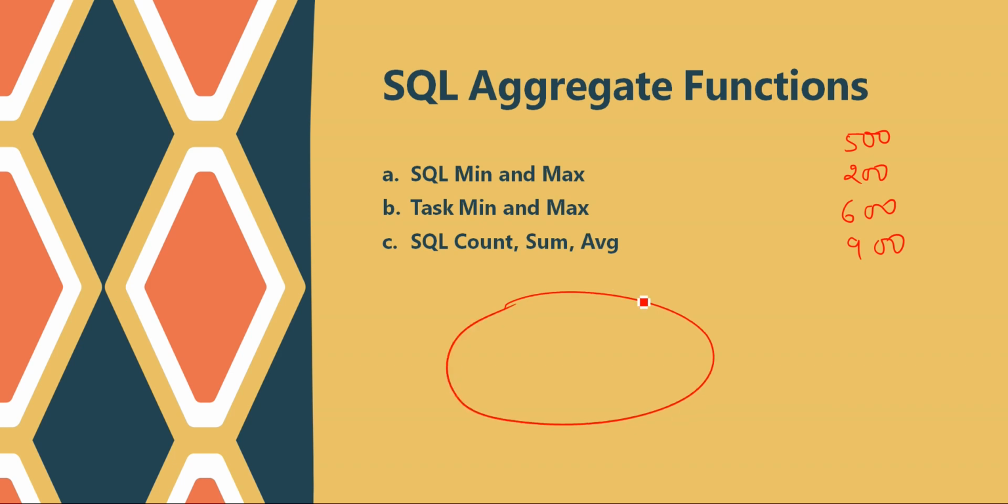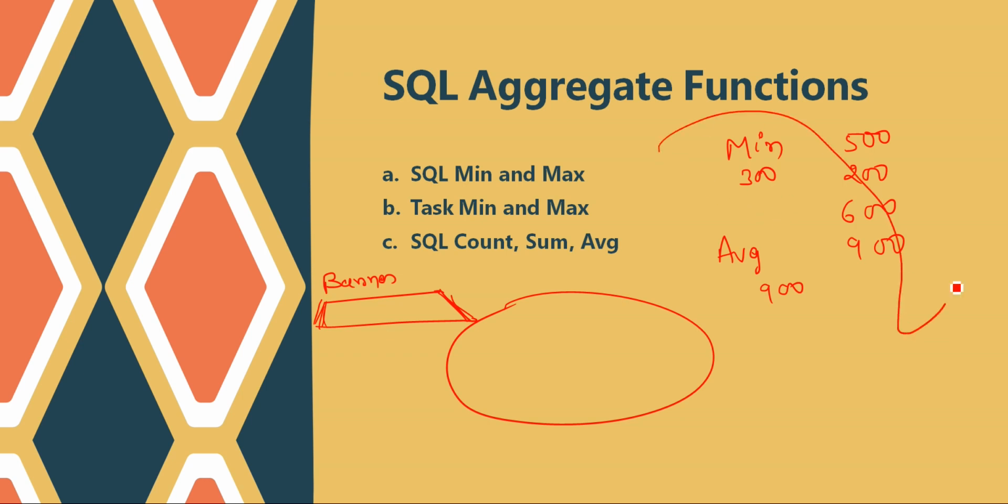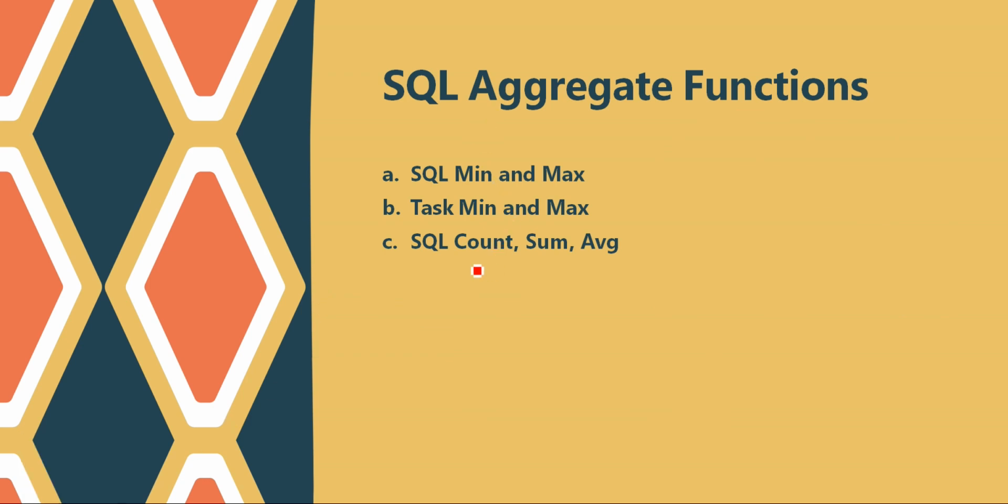So I am interested to know the average price of my products, so that I can create a banner that says start your purchase with a minimum value of 300 or an average value of just 900, which basically means I'm interested in the average price.